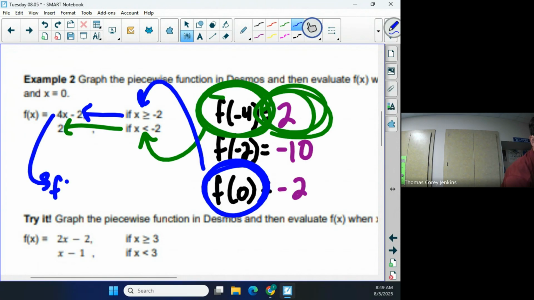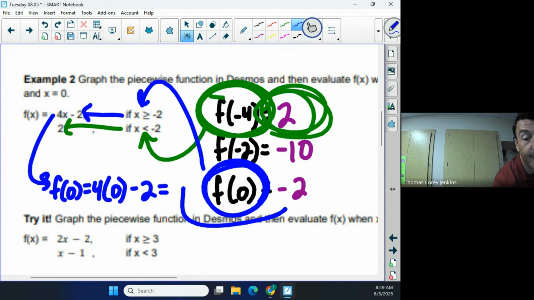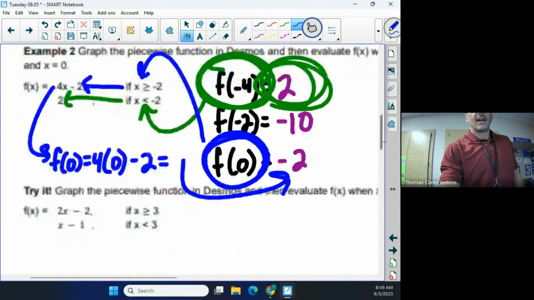So f of 0 equals 4 times 0 minus 2, which is -2, right? So again, you don't need to add all that. You don't really even need to know that, but I just wanted to show you could work these out by hand as well, okay? Does that make sense? Everybody with me? Okay. All right.